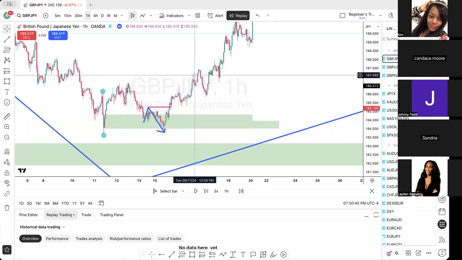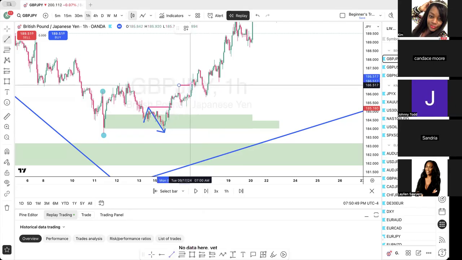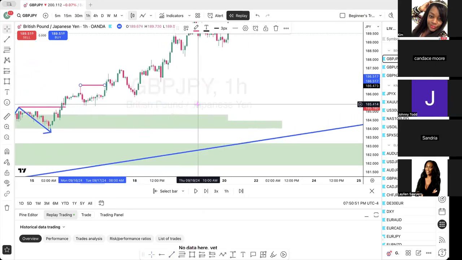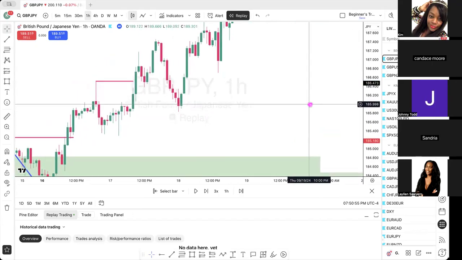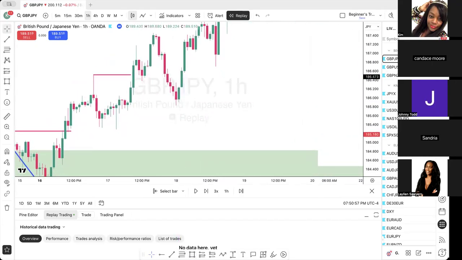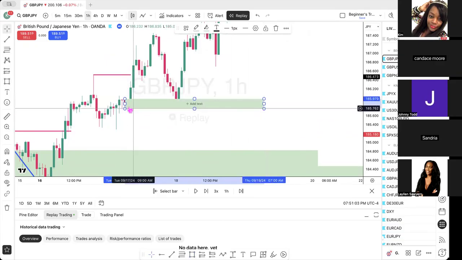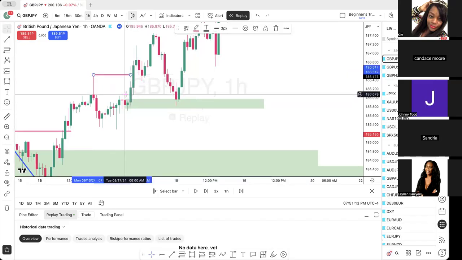If you see structure forming, for instance, this was a break of structure, you look for your demand zone. And I'm going to talk about if you don't see an order block, you look for the last up candle, down candle before the up move, before the impulsive move that broke structure. You can mark that zone up too.